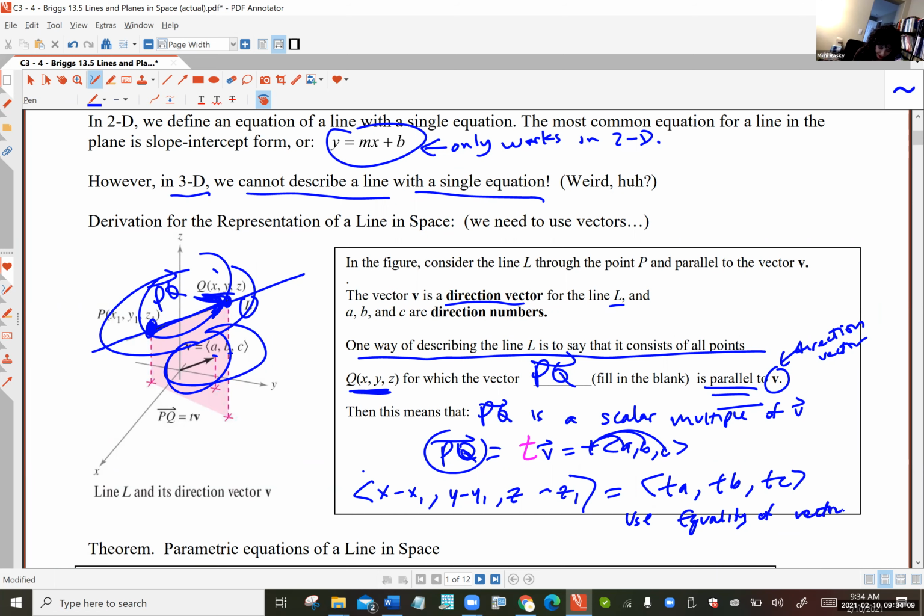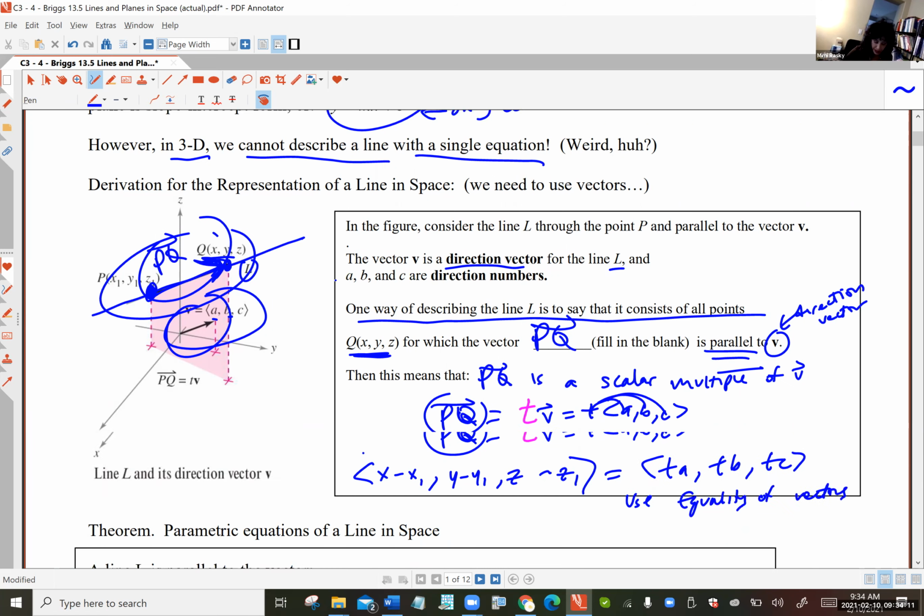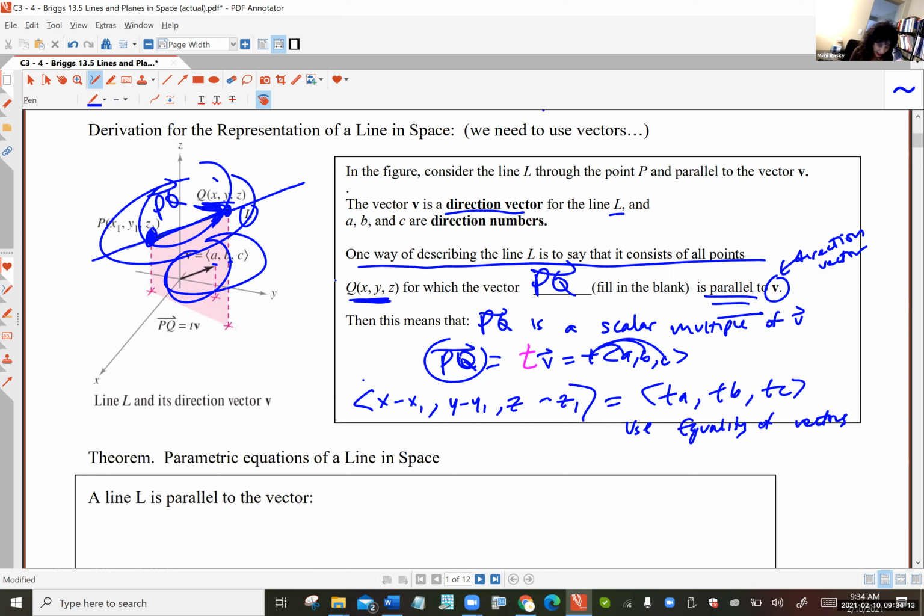If the left-hand side vector is equal to the right-hand side vector, then what has to be true? We can equate the components. So what has to be true is x minus x1 has to be equal to TA, y minus y1 has to be equal to TB, and z minus z1 has to be TC. Those equations all have to be simultaneously true.